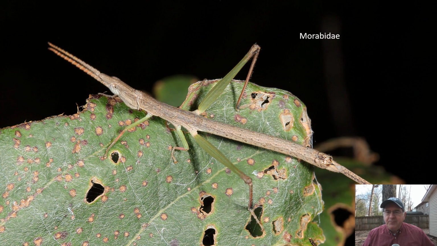The Morabids I put in here because if you recall our discussion of modes of speciation, M.J.D. White's idea of stasipatric speciation, he was looking at the family Morabidae, and so this is an example of that. They're widespread, but it's a very common group in Australia.